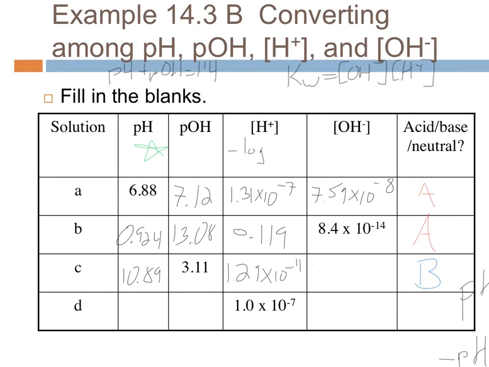And 7.76 times 10 to the negative 4th. This last one here, we don't need a calculator per se. It's a nice clean number. You can do the mental math. The pH of that is going to be 7. And if you're catching on, the pOH is 7. The hydroxide is 1.0 times 10 to the negative 7th. This is a neutral solution.